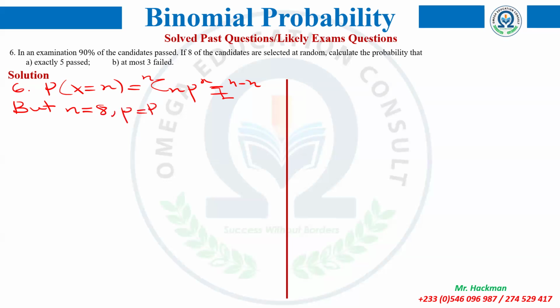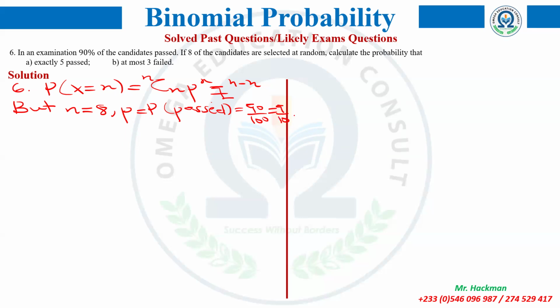p will be equal to p. What are we taking as our success? Passed, is that not it? So p of pass will be equal to, we are told, 90 over 100, is that not it? Okay, so leave it in terms of its smallest fraction. That will give us 9 on 10.